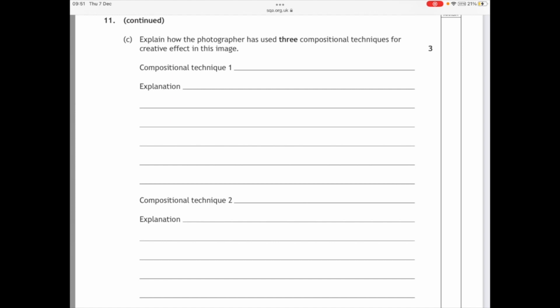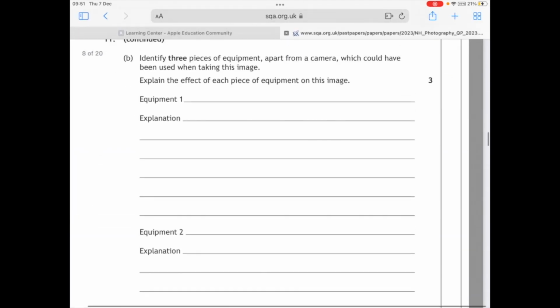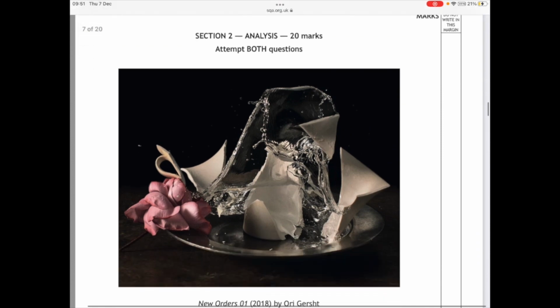Right, so we've got a few answers that we can give here. I will go back to the image when I'm going through. We're talking about composition. Composition is things like framing, leading lines, negative space, rule of thirds, vantage point, and so forth.